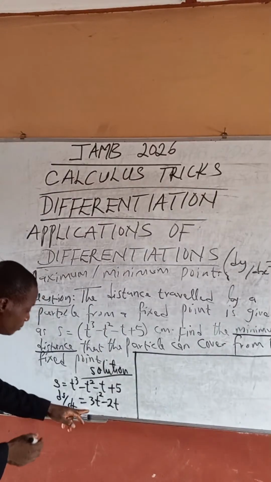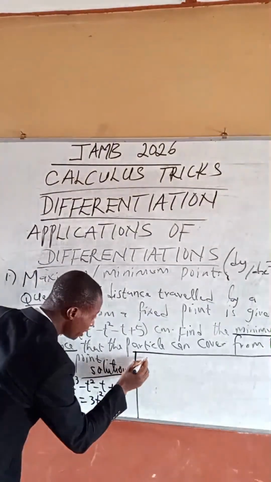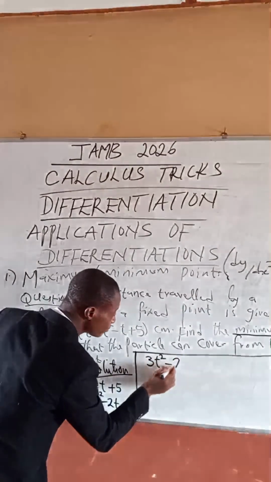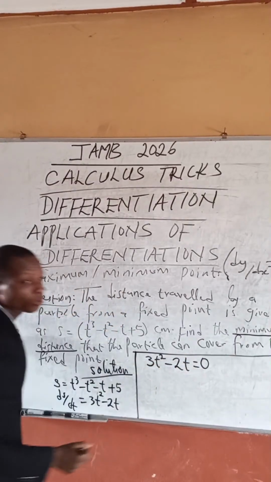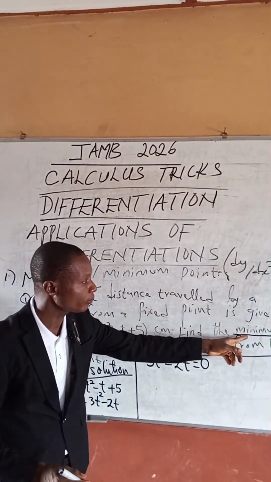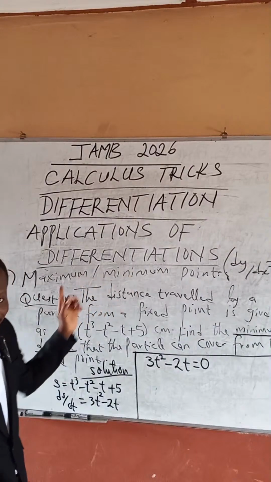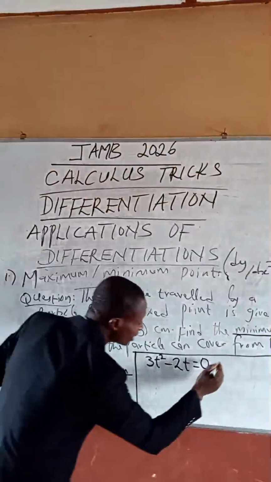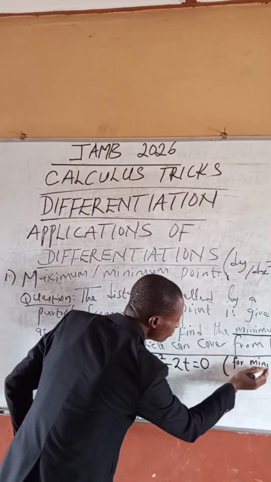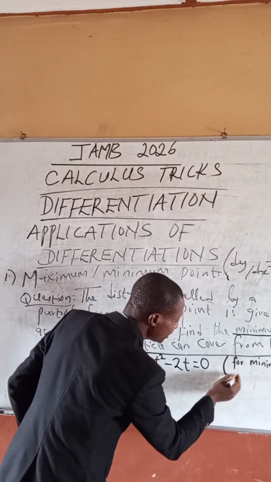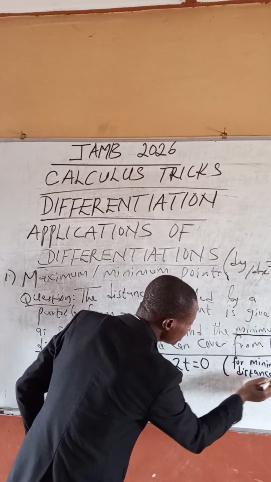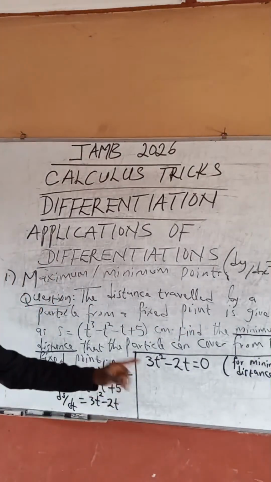Now we proceed. It means that this 3t square minus 2t is equal to what? 0. That is for minimum distance, or minimum or maximum points. Okay, this is 0, in brackets, for minimum distance.